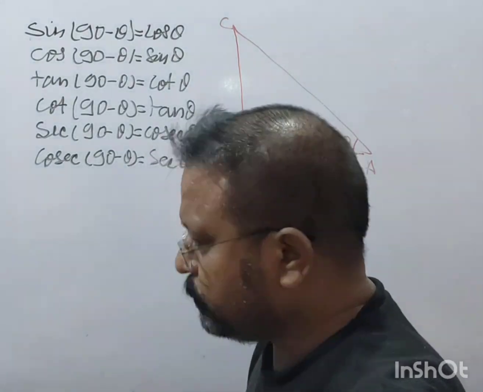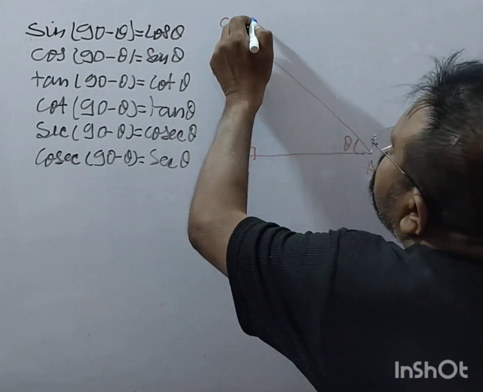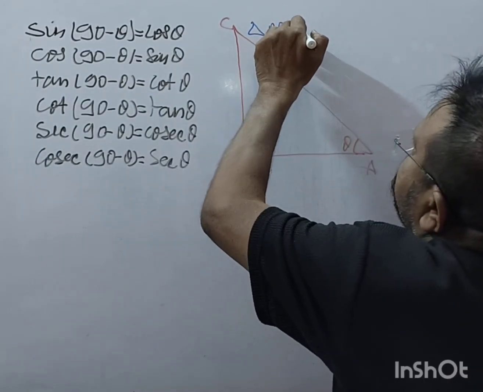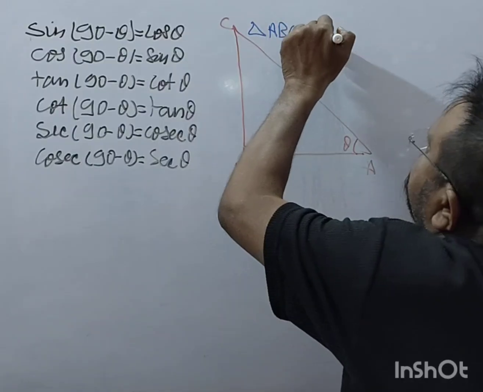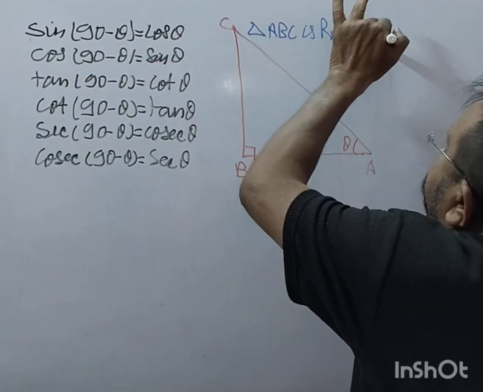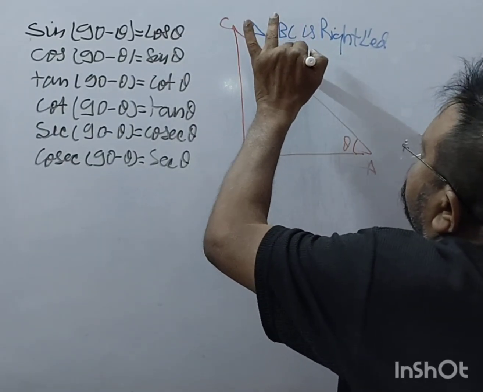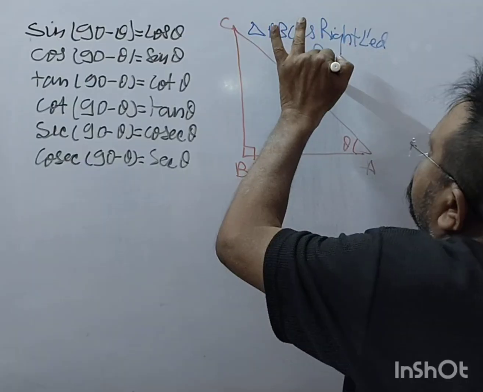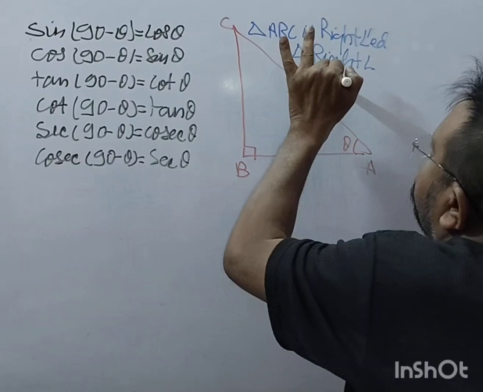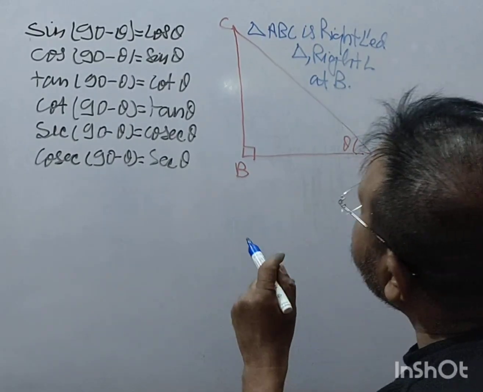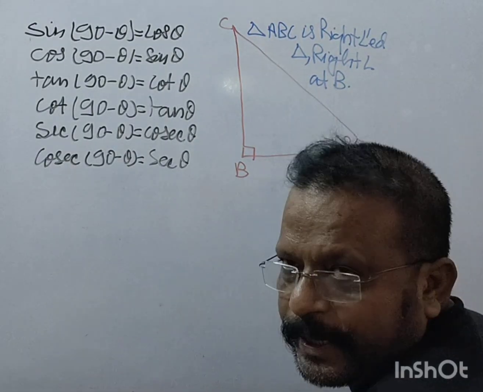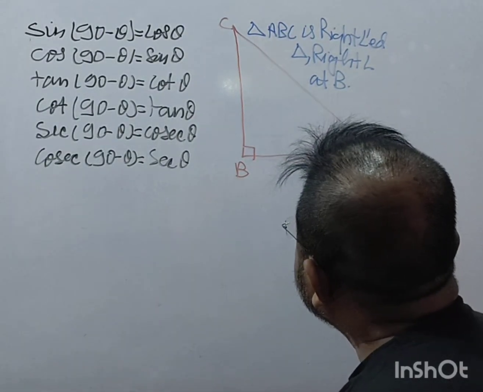So triangle ABC is right angled triangle, right angle at B. So what happens?